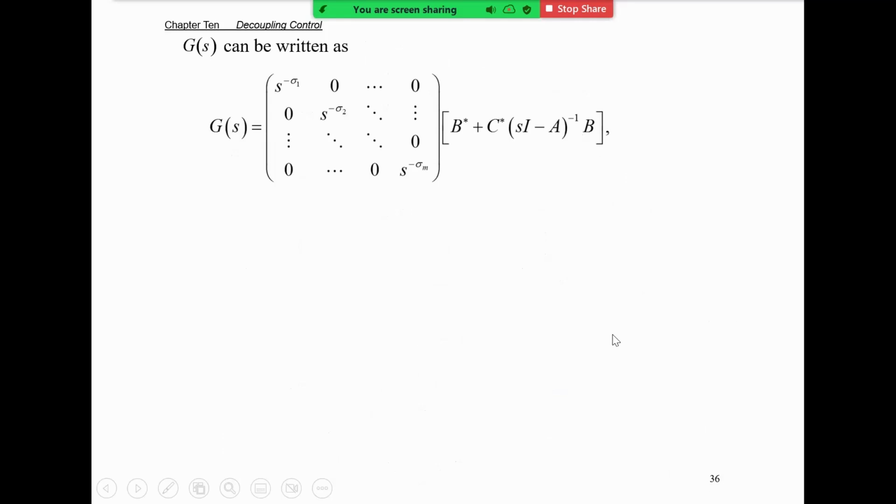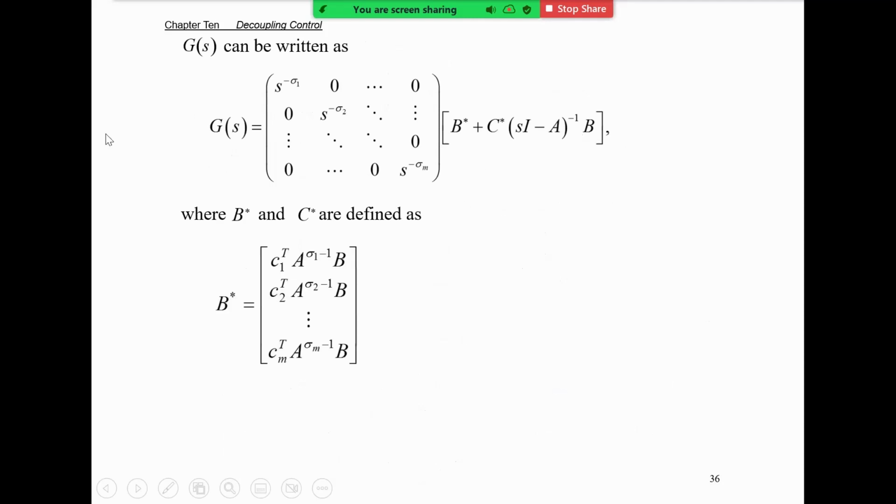Now the definition of the B star, like given previously, is just the leading coefficients of the polynomial, and we know all of them are not zero. C star is defined in this way.